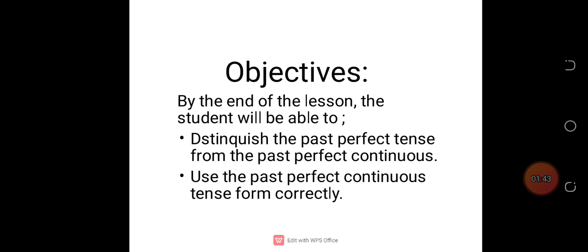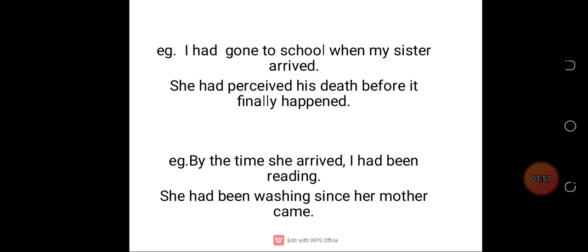So when we say the past perfect tense and the past perfect continuous tense, what does it mean? Let's look at these sentences on the next slide and see if we can have an idea. Sentence 1 reads, I had gone to school when my sister arrived.